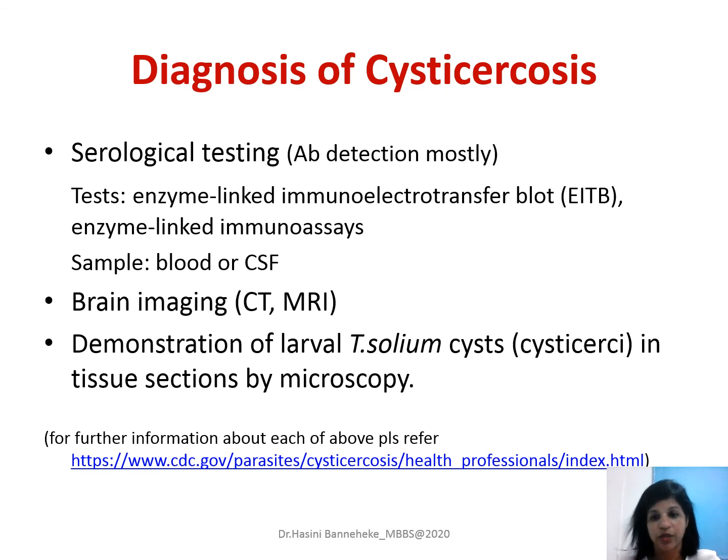The samples used are blood, and even the CSF can be used. Generally, the serology is combined with imaging techniques, radiological investigations like CT or MRI, and if there are tissues which are removed at surgery, then by histology, through microscopy of the stained smears, we can demonstrate the larval cyst inside the tissue sections too.